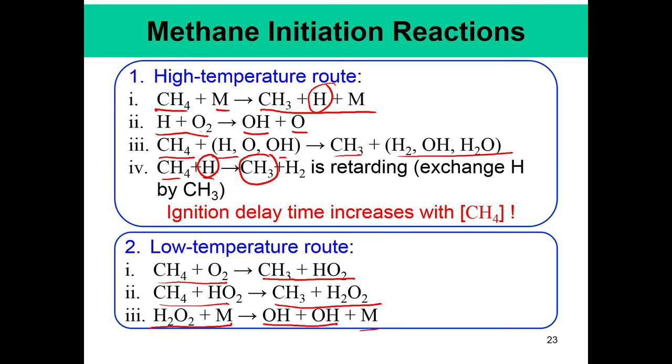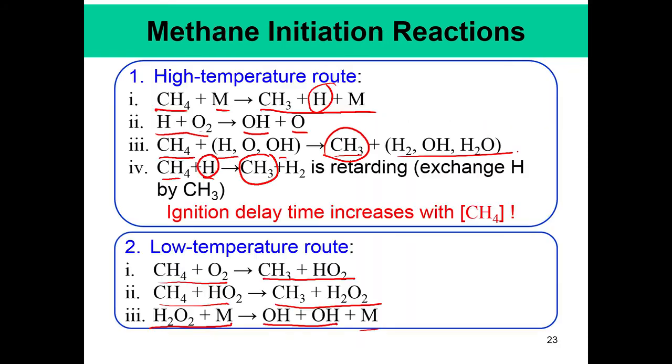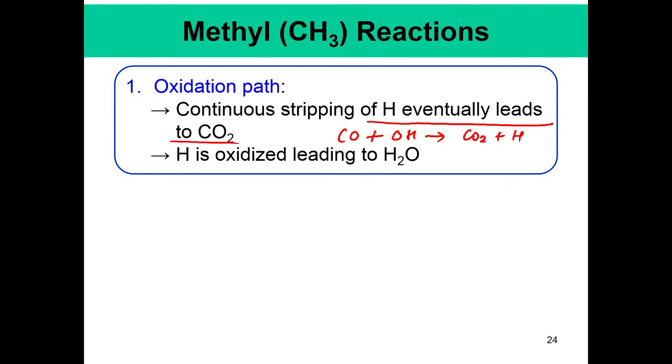Now, what happens then is that there is continuous stripping of hydrogen. From CH4 it forms CH3, and from CH3 it will form CH2, and there is this continuous stripping of hydrogen, and eventually it will be oxidized, CO will be formed, and then CO plus OH will react and form CO2 plus H. So, these steps will continue to strip CH4 to CH3 and CH3 to essentially CO, and CO then to CO2, and this is the oxidation path.